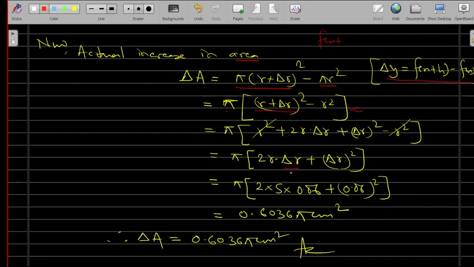You can put the values of Δr and r, 2 times 5 into 0.06 plus 0.06 whole square. By using a calculator, you can find the value 0.6036π centimeter square. Therefore ΔA, the actual increase in area, is 0.6036π centimeter square.